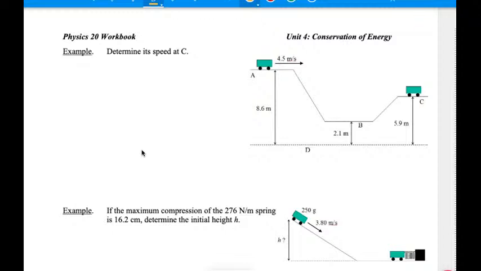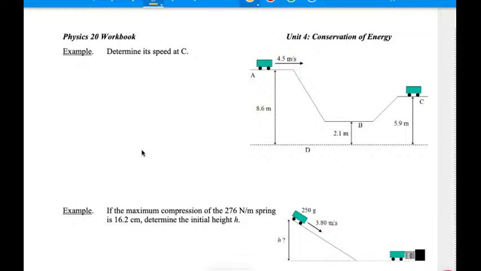If we have conservation of energy, we know that B will have the same energy as A, which will have the same energy as C, but we're going to use what we know about A and its mechanical energy to determine what's going on at C. So the height at A is 8.6 and its speed is 4.5 meters per second.